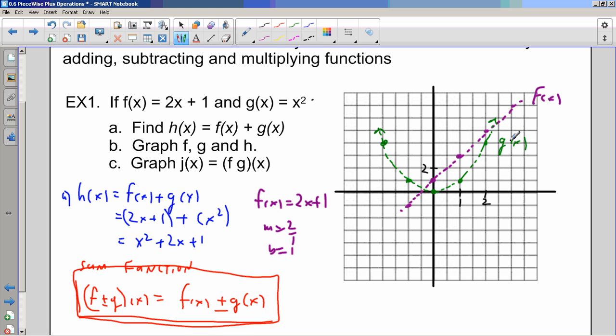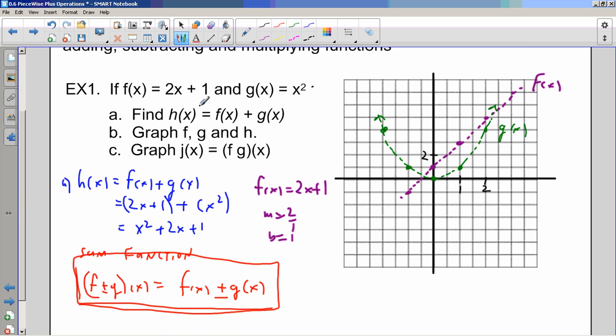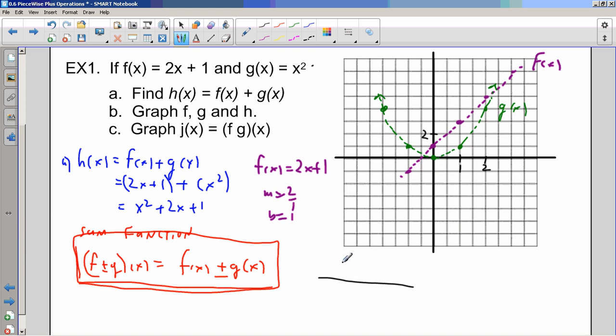That's g at x. Now, for h, certainly we could use all of our grade 10 methods and grade 11 methods to graph that. But if we just think for a little bit, h at x is f and g added together. I could think of it, if I wanted to, as a table, right? For my x values, I have f and g and h, and I'll list a couple here.